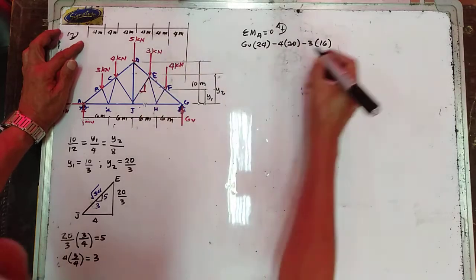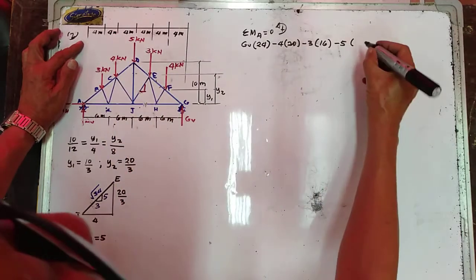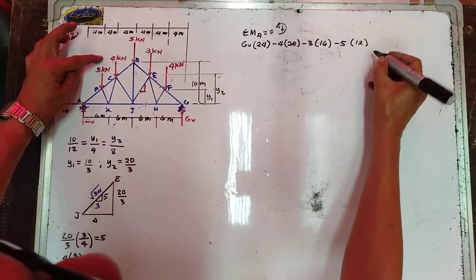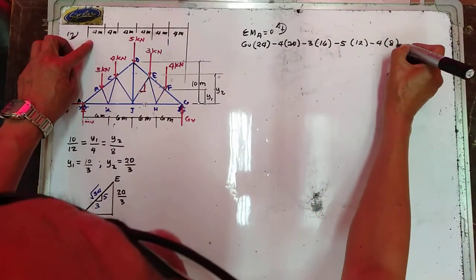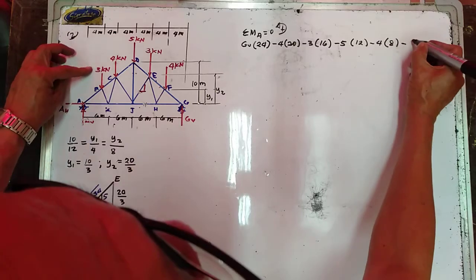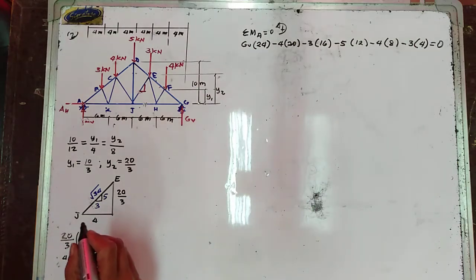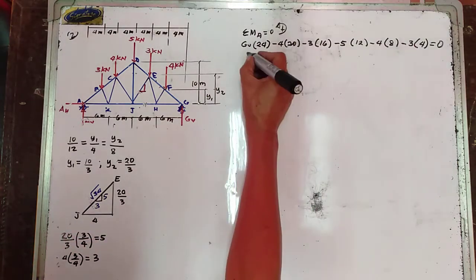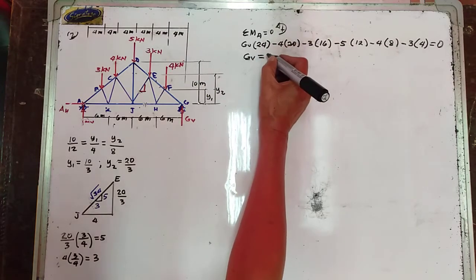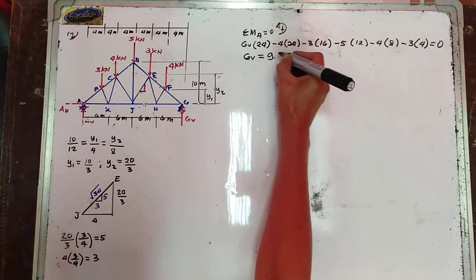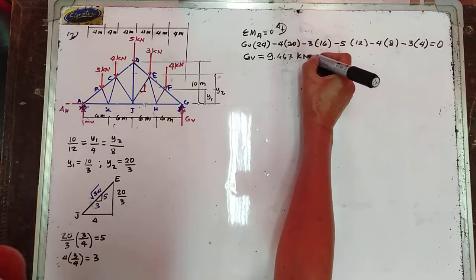And then minus 5 multiply this one by 12. And then minus 4, multiply this one by 8. And minus 3, multiply this one by 4 is equal to 0. Hence, your G vertical is now equal to 9.667 kilonewtons.